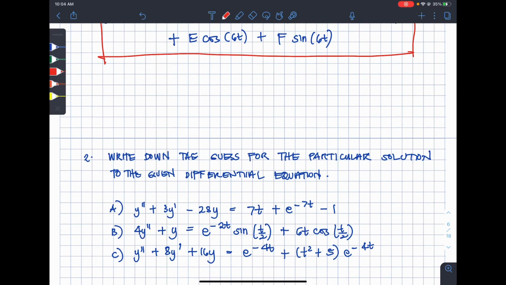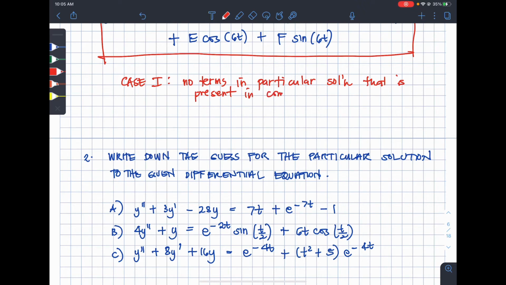So case 1, no terms in particular solution that is present in complementary solution.